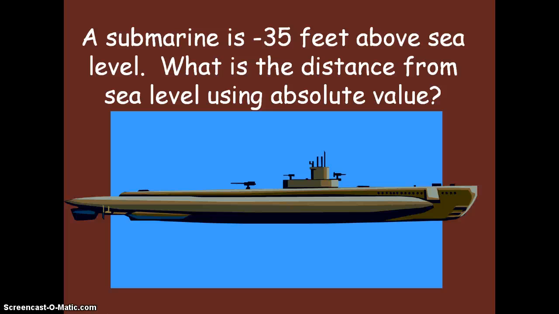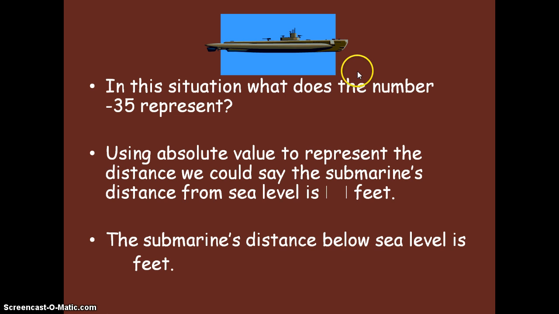At negative 35 feet from that 0, we would still have to go 35 feet away from 0. So, in this situation, what does negative 35 represent? Well, that's how far the submarine is below 0, below sea level. Use an absolute value to represent the distance.